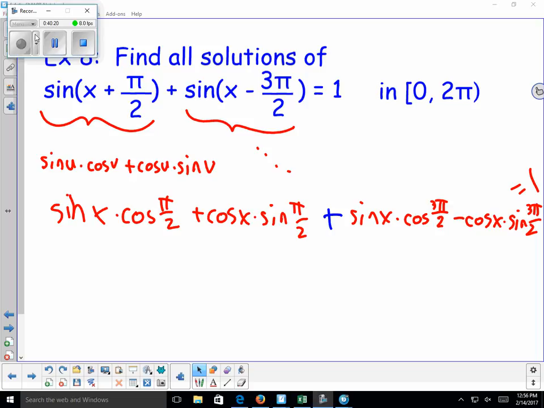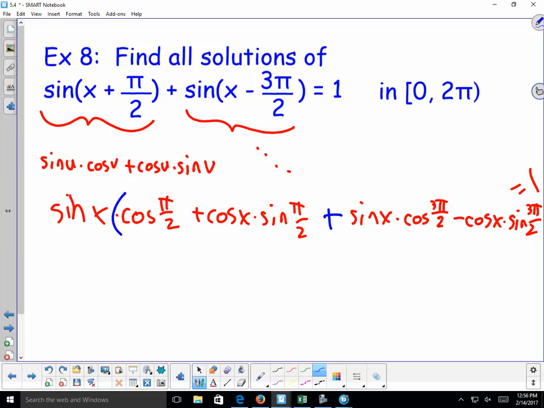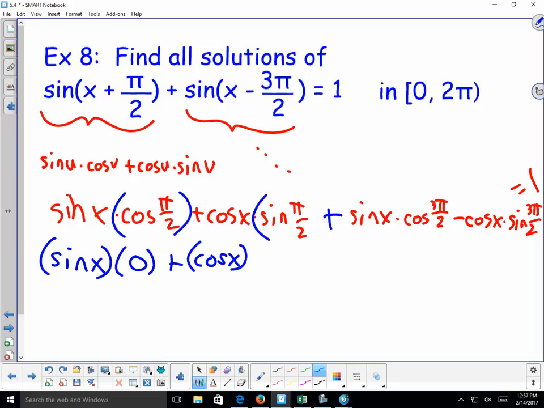Okay, so with this one, as we're finishing this up, we got to this point: cosine of pi over 2 is equal to what? 0. So I get sine x times 0 plus cosine x times what's sine of pi over 2? 1, plus sine x times what's cosine of 3 pi over 2? 0.